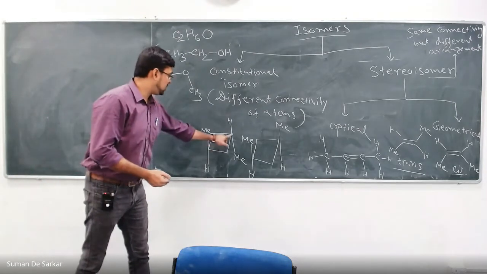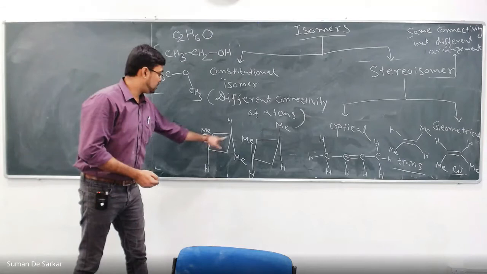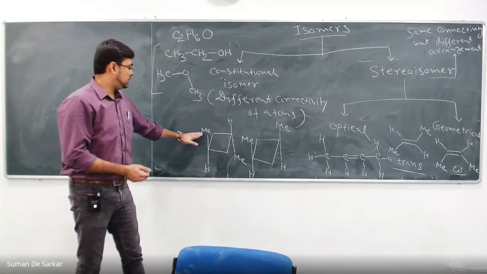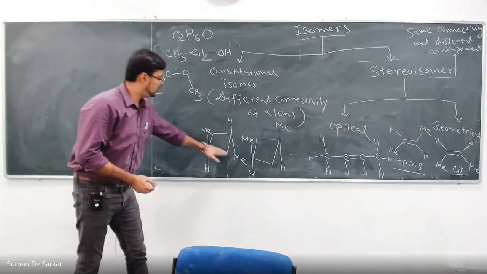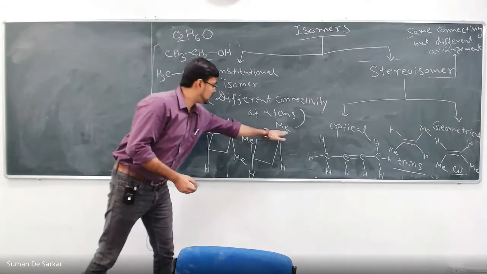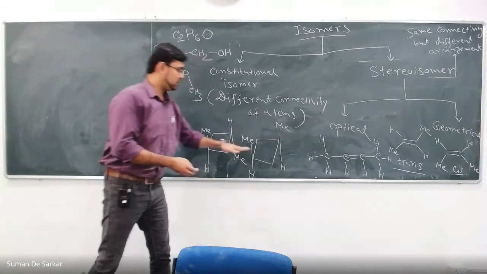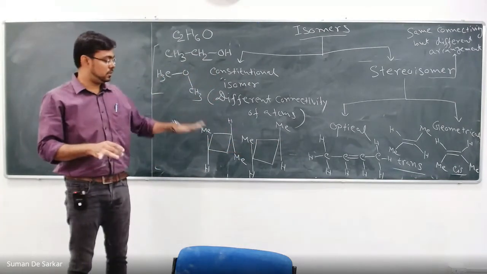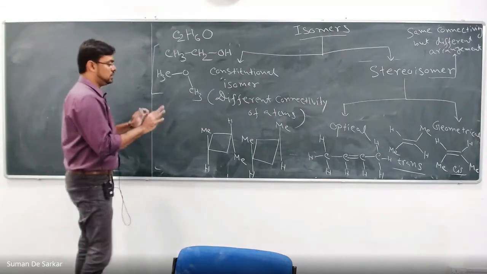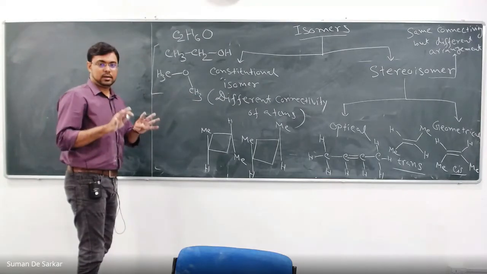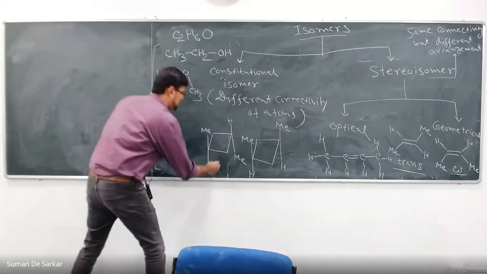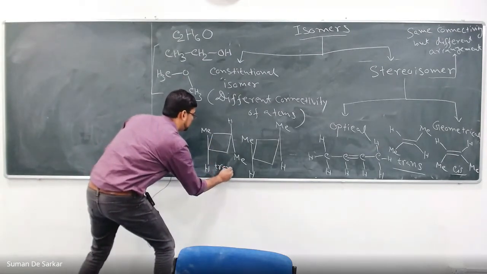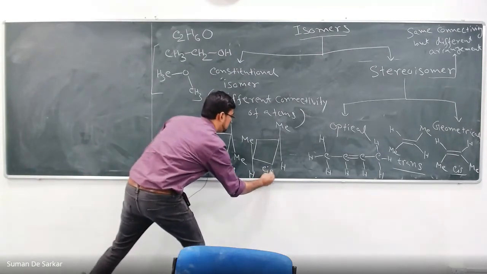Only two carbons are having methyls. There are two possibilities: the two methyl groups can be in opposite directions, or in the same direction. There is no double bond, but still these two are geometrical isomers, or stereoisomers. This will be called trans, this will be called cis.